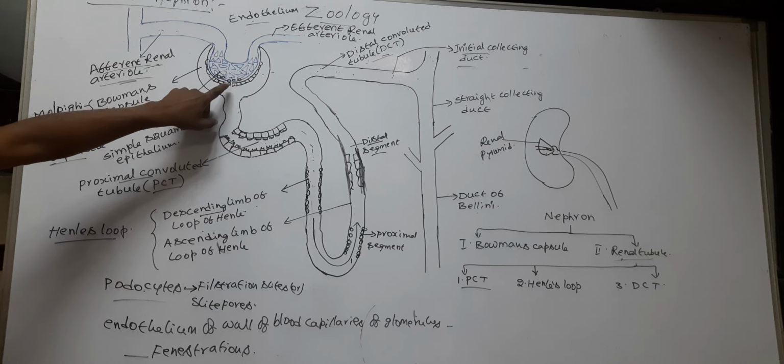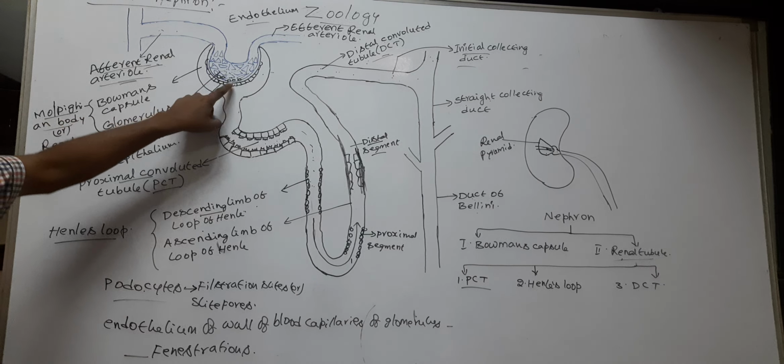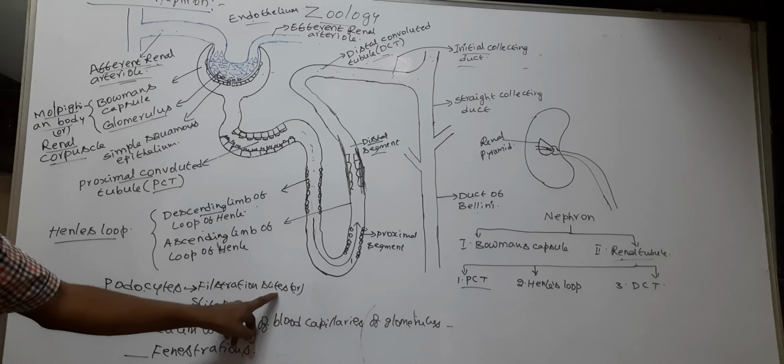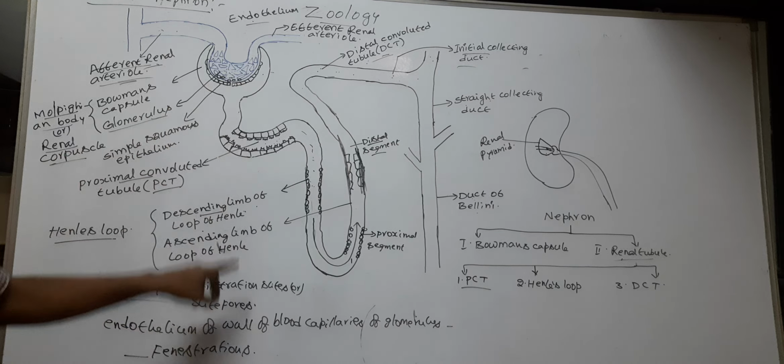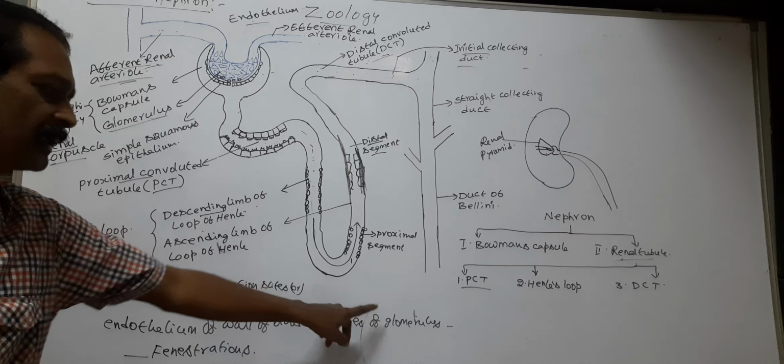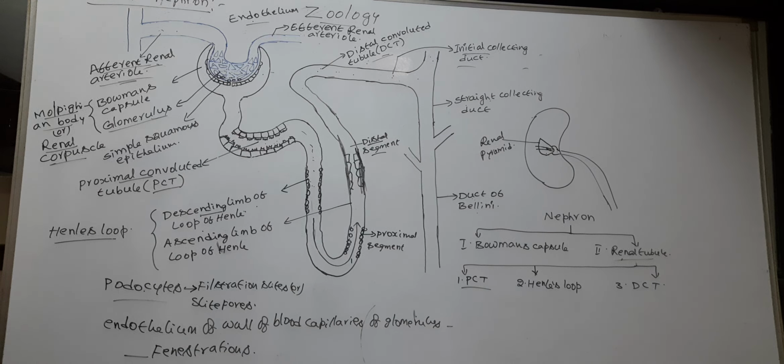So the inner wall of the Bowman's capsule possesses small openings called filtration slits or slit pores. Next, the wall of the blood capillaries of the glomerulus possesses small openings called fenestrations.